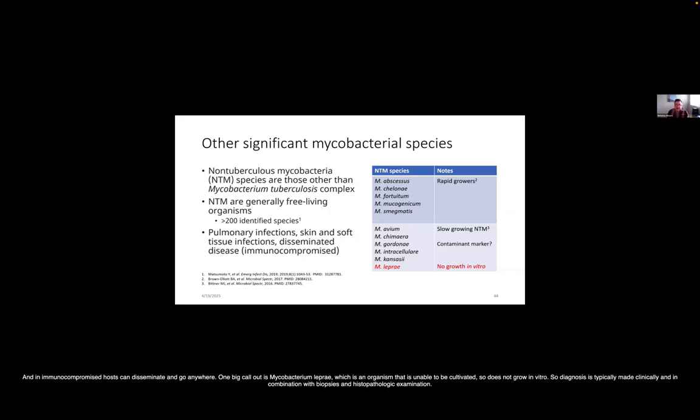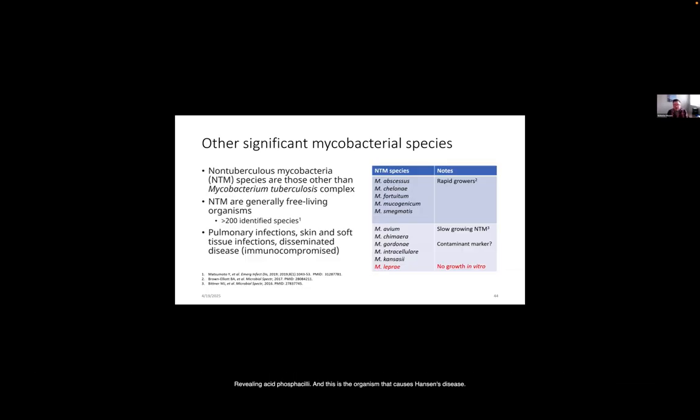One big call out is Mycobacterium leprae, which is an organism that is unable to be cultivated, so it does not grow in vitro. So diagnosis is typically made clinically and in combination with biopsies and histopathologic examination, revealing acid-fast bacilli. And this is the organism that causes Hansen's disease.